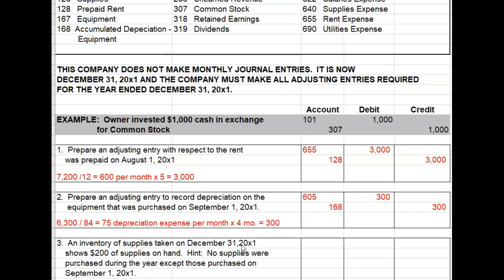Debit account 605, depreciation expense, equipment, and credit account 168, accumulated depreciation, equipment, for $300. Did you get it?